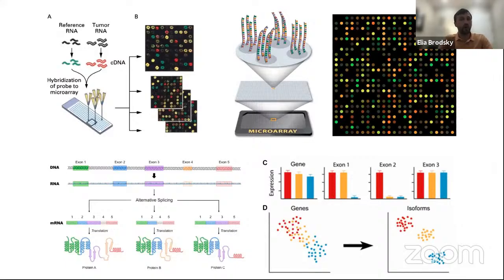We just measure all the mRNA that is present inside the cell, and then we can analyze what kind of alternative splicing events are happening. So what types of isoforms are being generated, what types of genes are being expressed, and then how can we combine or look separately at these two different types of data to make informed decisions about the types of samples that we are looking at.